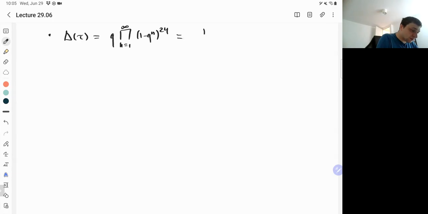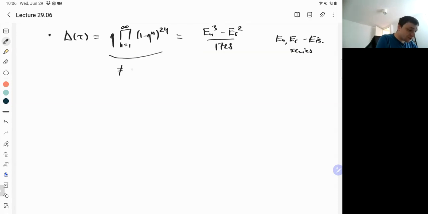Well, it is modular, and in fact, it's equal to this expression in terms of Eisenstein series of weight 4 and 6, which I also didn't prove are modular, but I will prove that in a moment. A comment that I didn't make is that this thing has no zeros in the upper half plane.